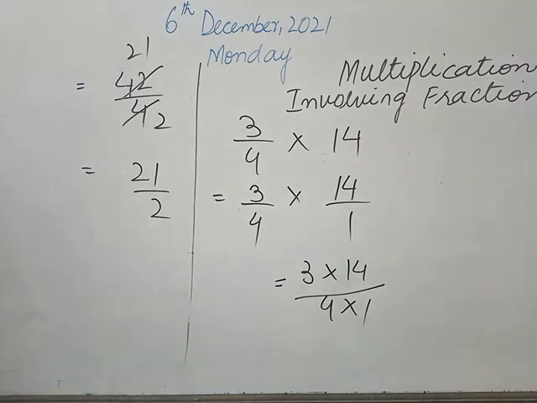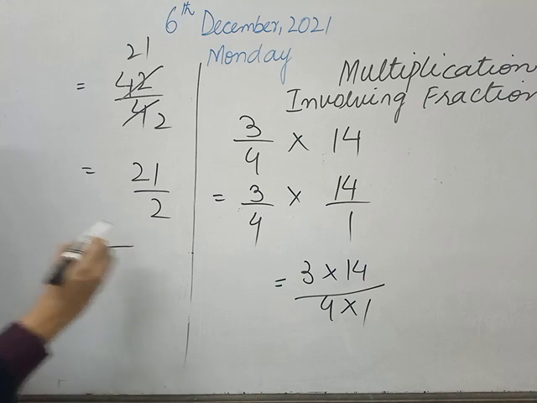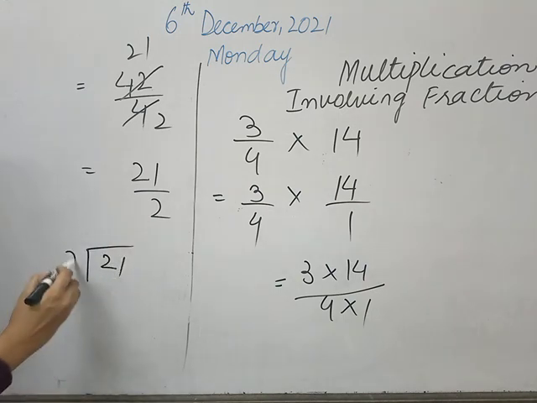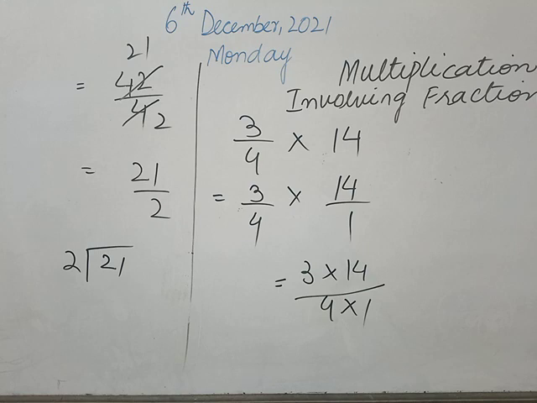21 by 2. Now class, in the end we will write 21 inside the division and outside the division we will write 2. अब ये जो फ्रैक्शन है हमारे पास, जो कि एक स्लैश से सेपरेट है, उसको हम फ्रैक्शन बोलते हैं. और अगर आपको पता हो, मैंने आपको इतनी दफ़ा ये बात बताई है, I have told you how many times, the number which is present in the numerator we simply write inside the division.